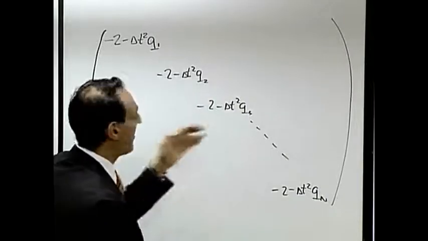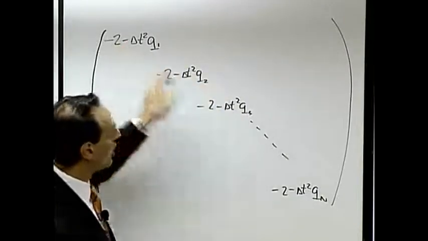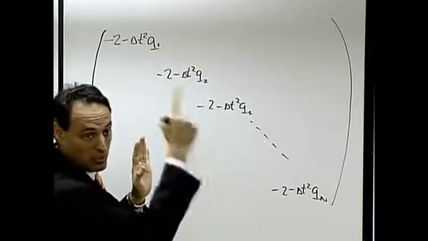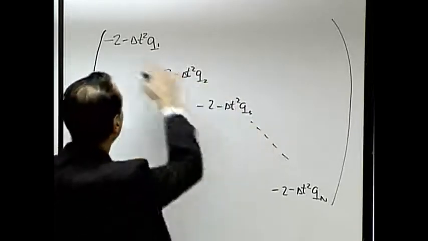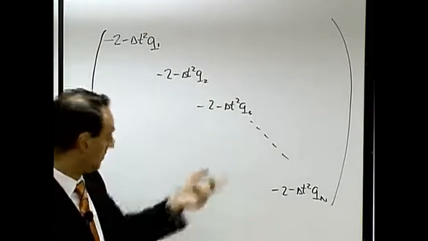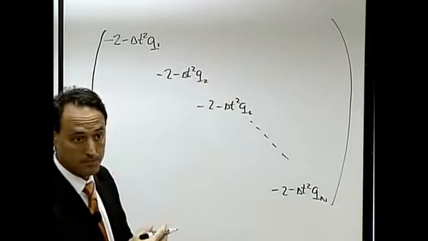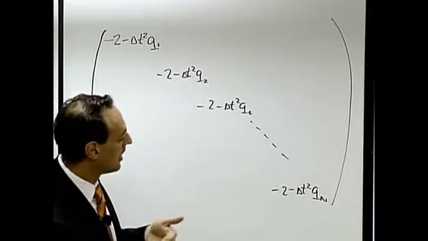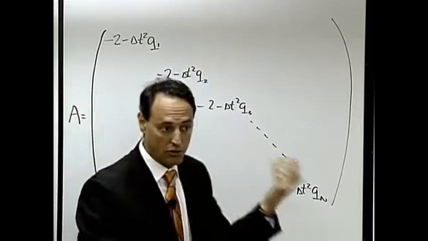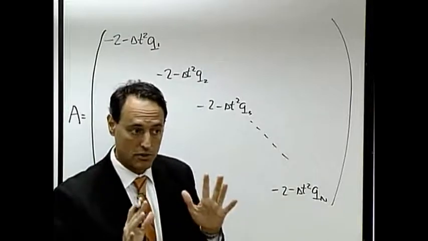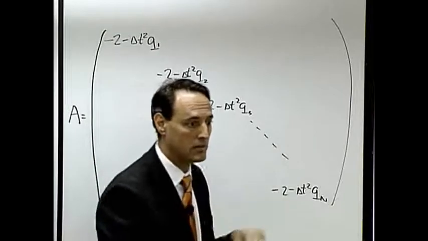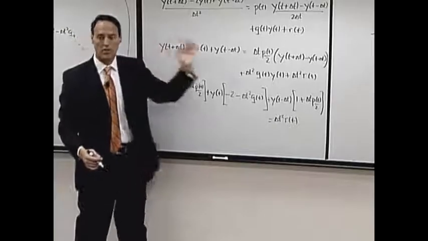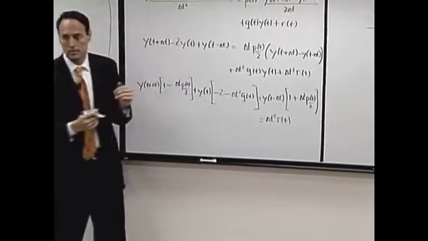Okay? Now, remember, I'm solving for this point here. Remember that this is multiplying the vector x over there, which has y1 through y of n. So y1 multiplies this guy here, which is consistent with this formula. y2, and by the way, y1 also cares about what else? Well, it cares about y2 and y0. So let's talk about y2 first of all. So the point in front. Well, here's the point in front, the point t plus delta t, the neighbor on the right.